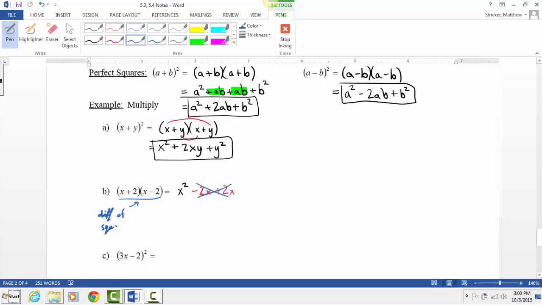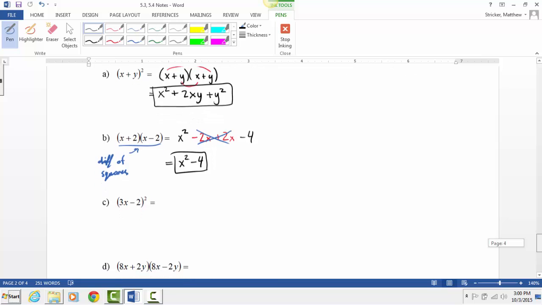Always. In the last one we have positive 2 times negative 2, that's negative 4. So your answer here is x squared minus 4. So I encourage you to get used to writing it that way, and don't even write out those middle terms because you know they're going to cancel when you have a difference of squares.